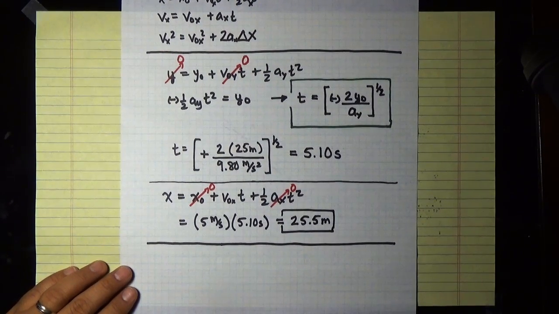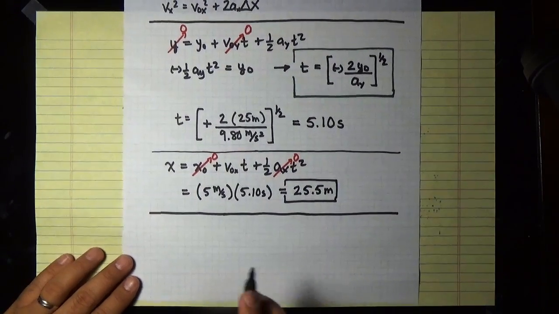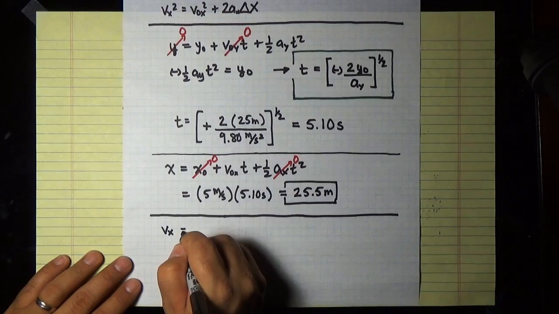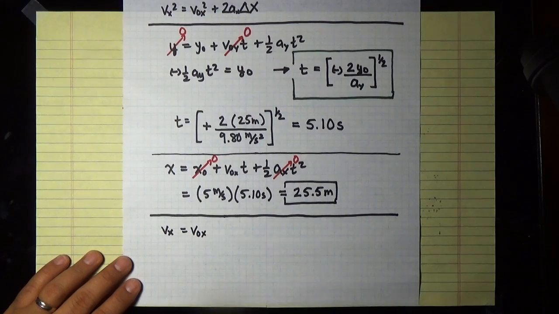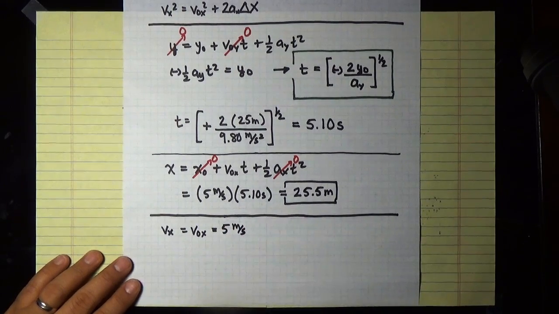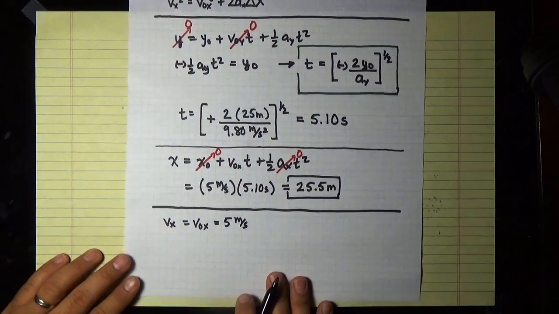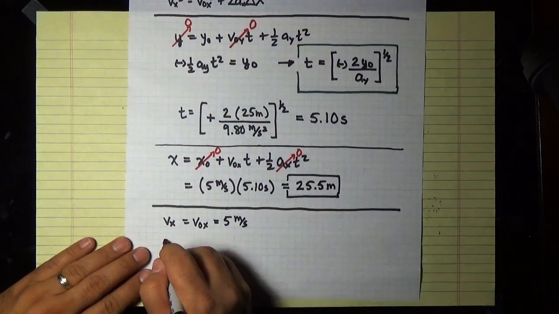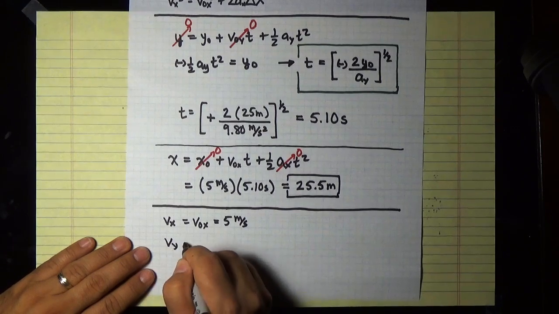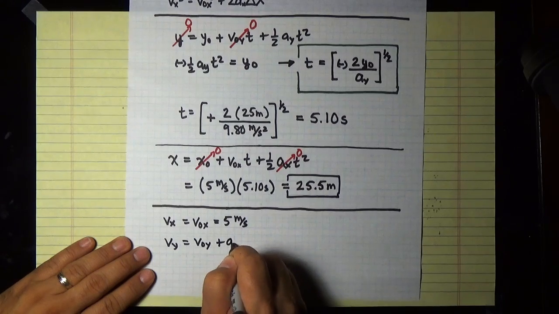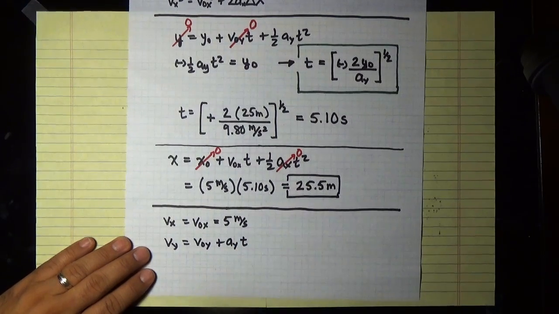In the x direction, the speed never changes. So that means that the x component of the final speed is simply equal to the initial x speed, which we were told was 5 meters per second. Great, we're halfway there. In order to find the y component of the speed, I use the kinematic equation for Vy, which is V naught y plus Ay times t.